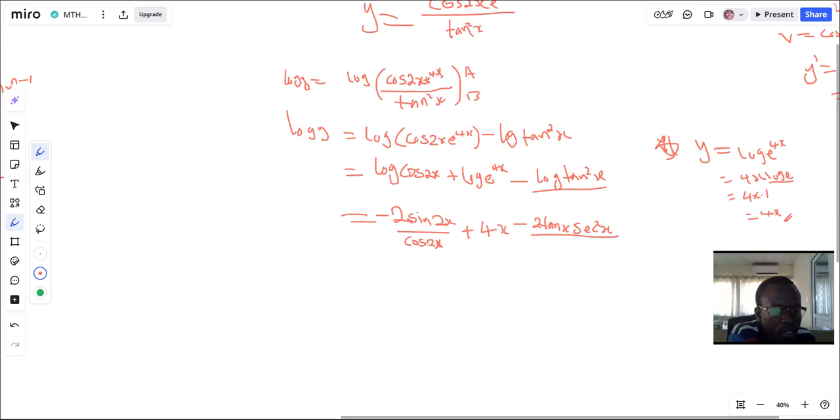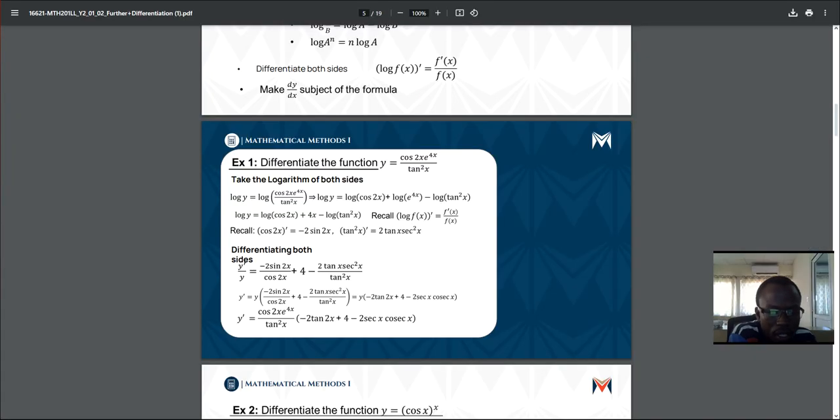Because it is a logarithm, that means you have to divide it by tan square x according to the law of logarithm: 2 tan x sec square x over tan square x.